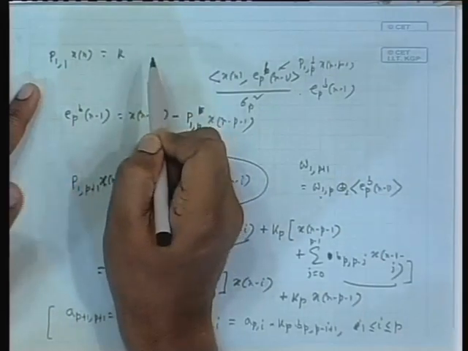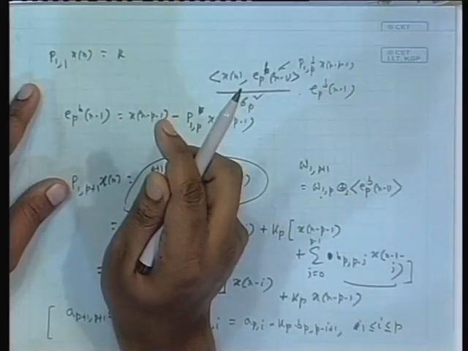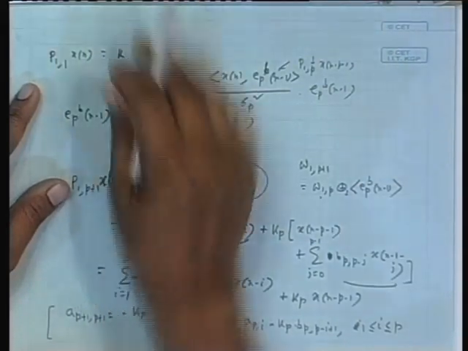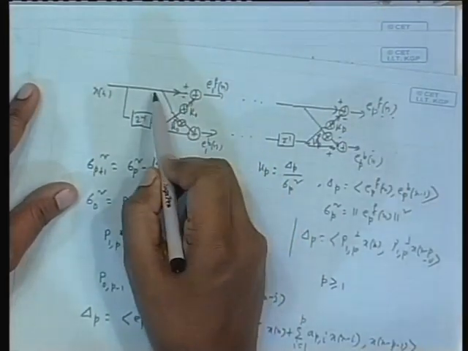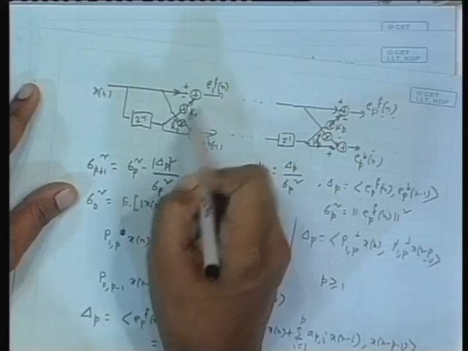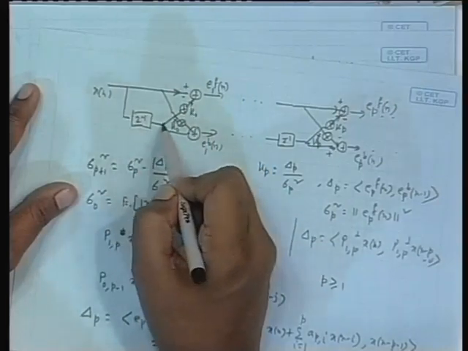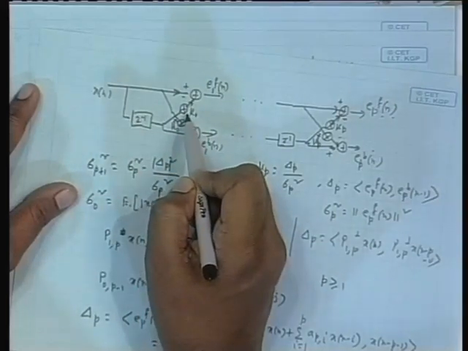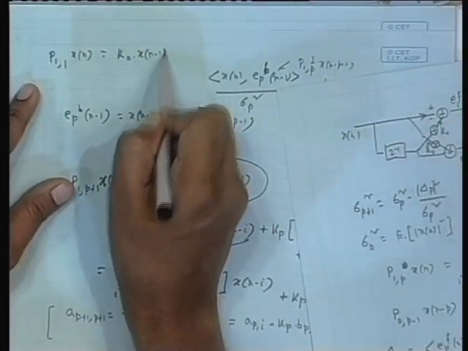X n inner product with x n minus 1 divided by norm square, by notation that should be k 0. This lattice stage x n minus this is the error. So, this here is the projection. What is the projection? X n minus 1 times k 0. So, k 0 into x n minus 1.